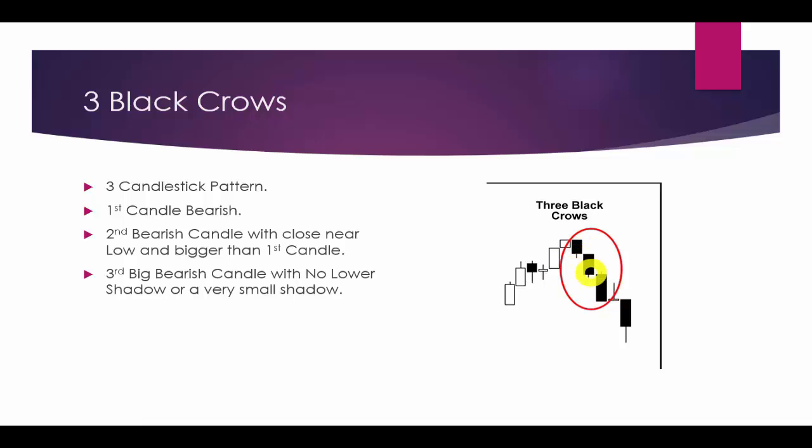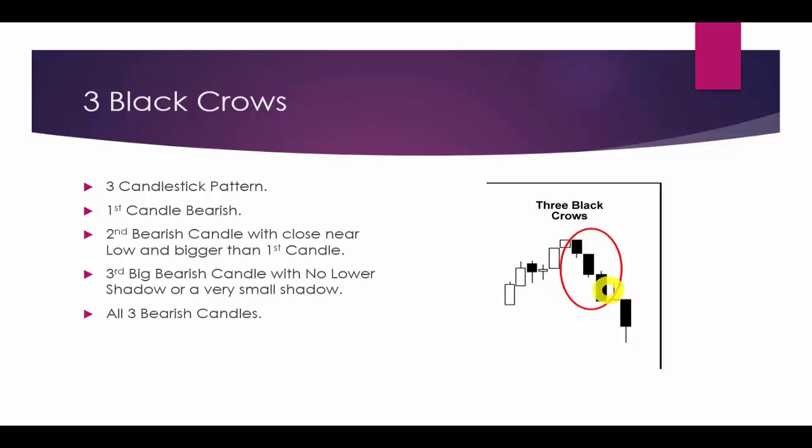Downward candle, downward candle, and downward candle, three continuous bearish candles. Sellers are completely in control. Buyers have exhausted and are trying to pull out their profit, so there are huge chances that the market will go down from this level.